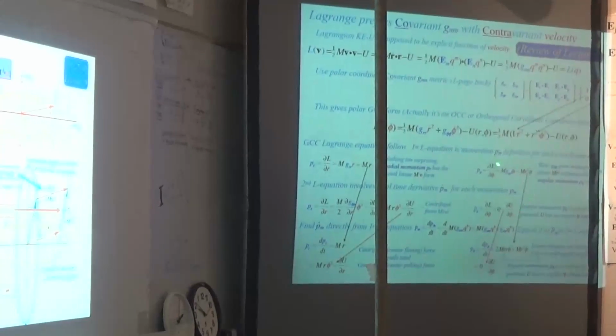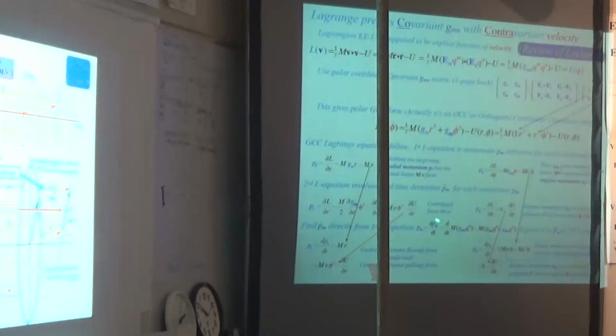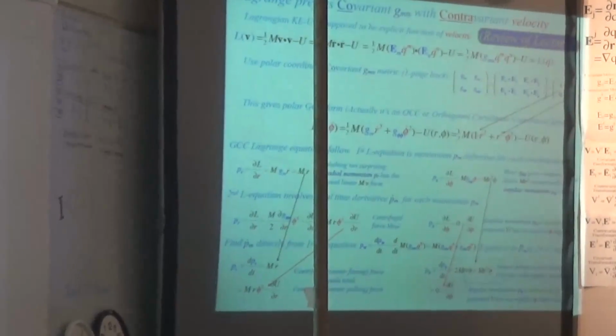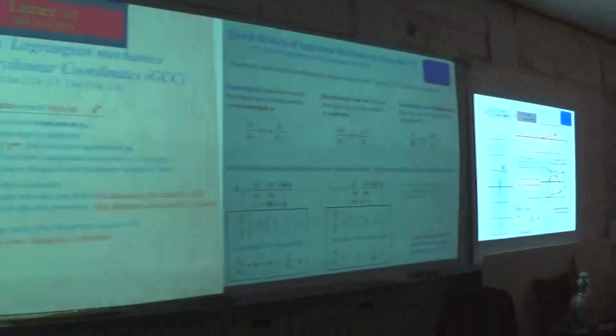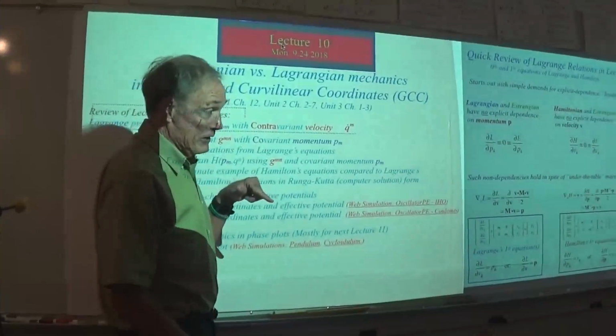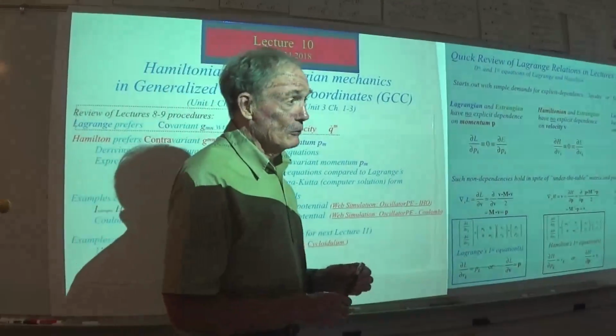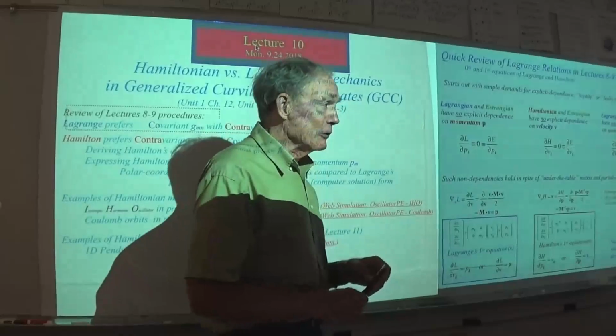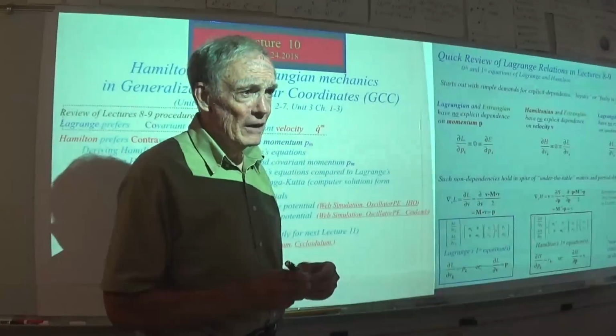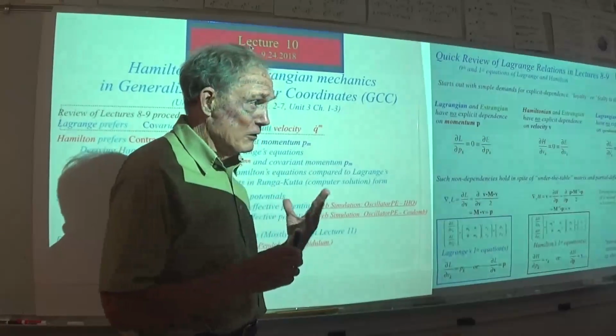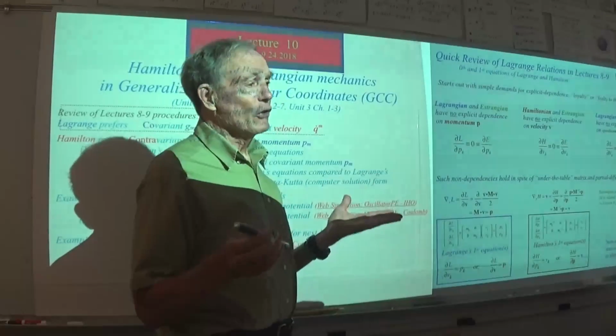So Lagrange has a very quick way to get you to the equations of motion and the physics that goes with it. Hamiltonian and Hamilton equations, not so much, but they have other advantages, and those are associated with symmetry. The Hamiltonian, very often, in the cases that we're going to be very clear about today, is conserved.